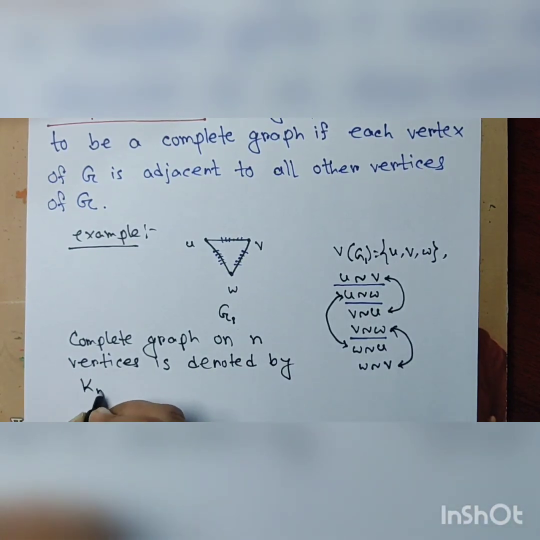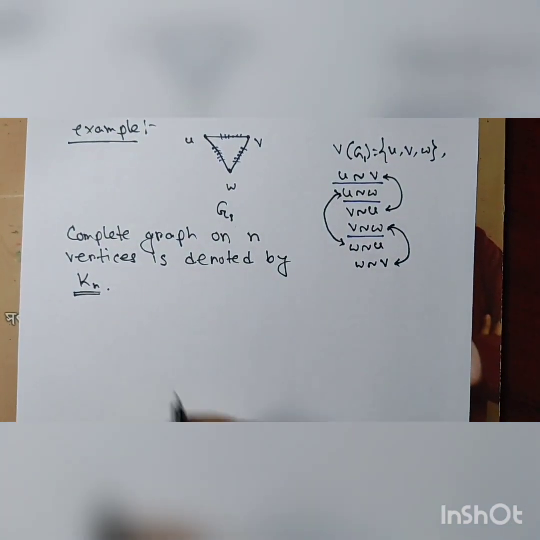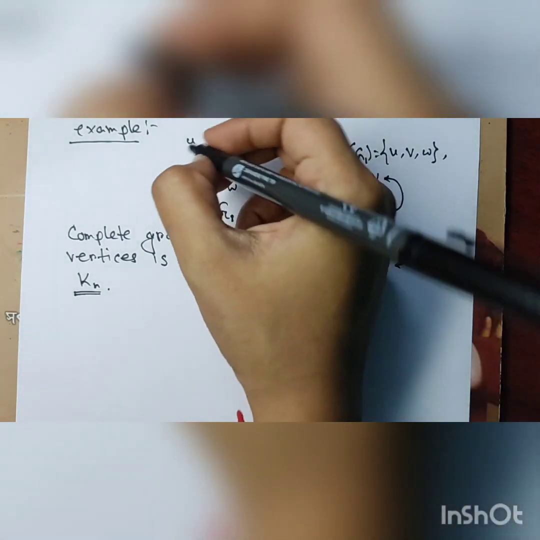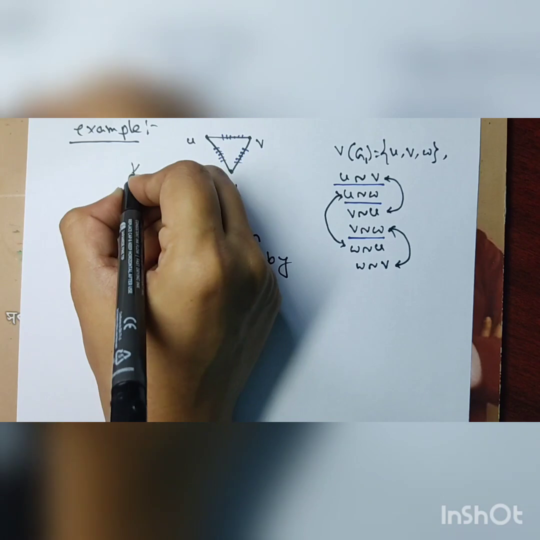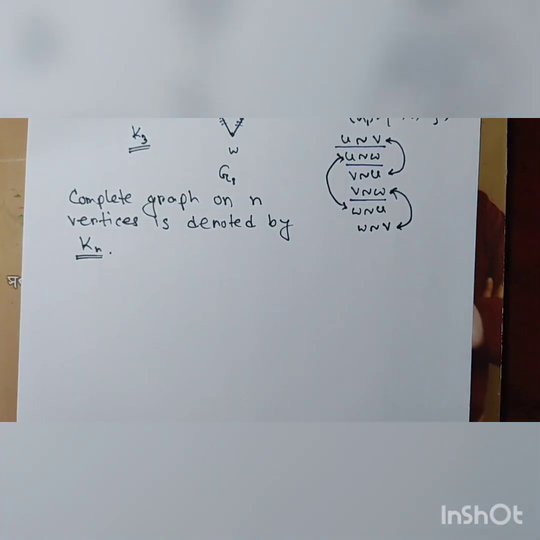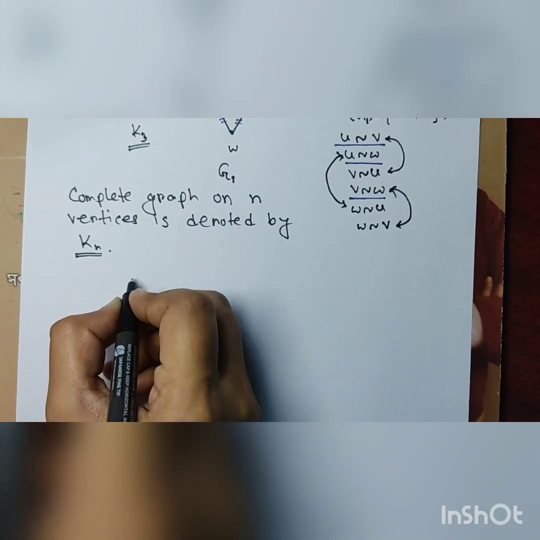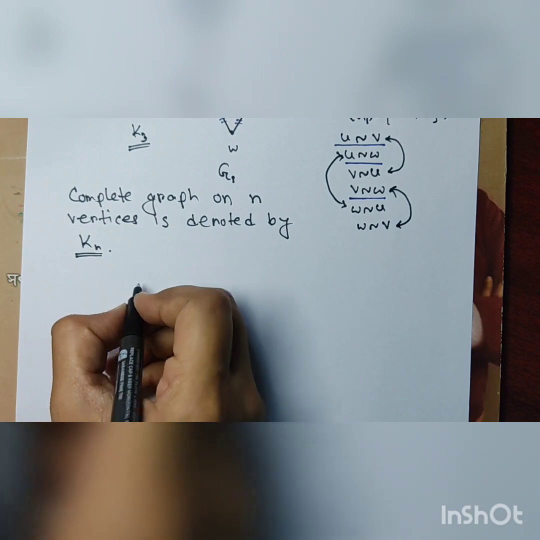Now we can discuss another example. This example was basically for three vertices, so this was our K3. Now we'll discuss K4. If we discuss more examples, the concepts will be clearer to us.